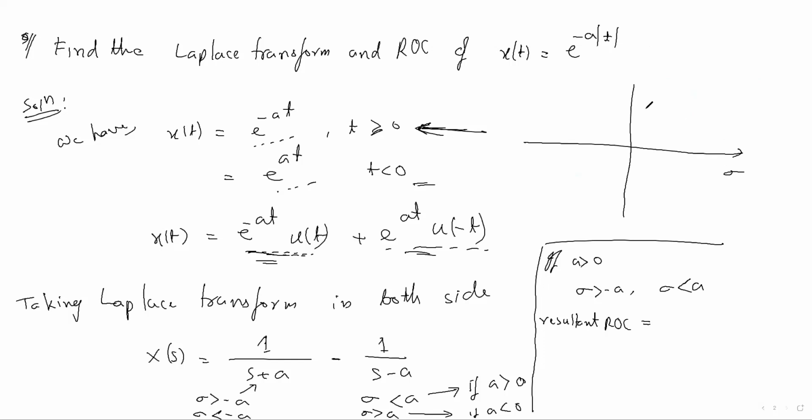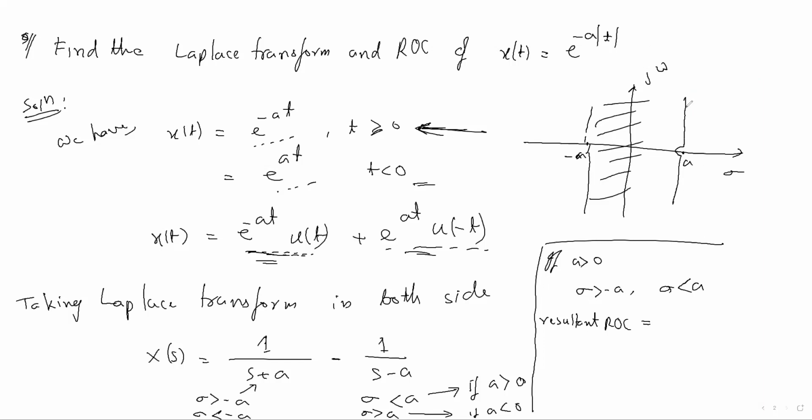Okay, this is sigma and this is j omega. Here the first one is ROC greater than minus a. Okay, this is minus a. ROC is to the right of this minus a. Okay, and what is the second condition? Sigma should be less than a. Suppose a is here, sigma should be less than a.